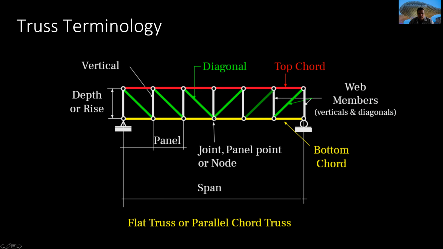The joint is the place where all the elements are put together like a node, and the span, as you know, is the total length of this material. Web members are the vertical and diagonal members, and chords are the top and bottom members of the truss.